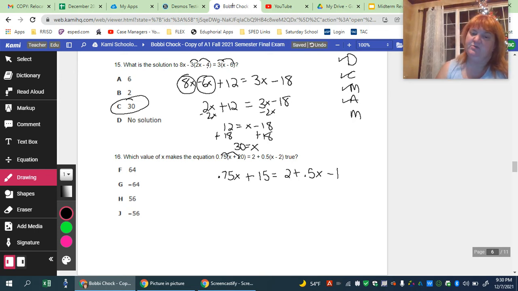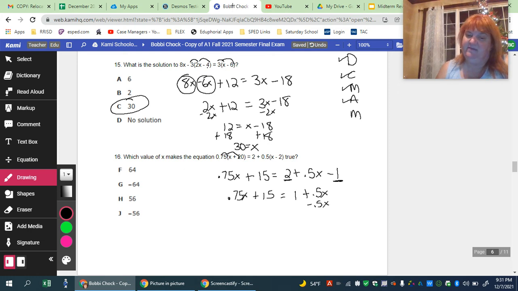Okay? So next on our DC MAM is combine like terms. I can combine this 2 and this 1. And so that would be 1 plus 0.5x equals 15 plus 0.75x. Okay. And then I'm going to move the variable.